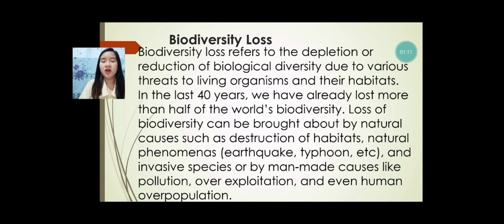Biodiversity loss, also called loss of biodiversity, is a decrease in biodiversity within a species, an ecosystem, a given geographic area, or Earth as a whole.